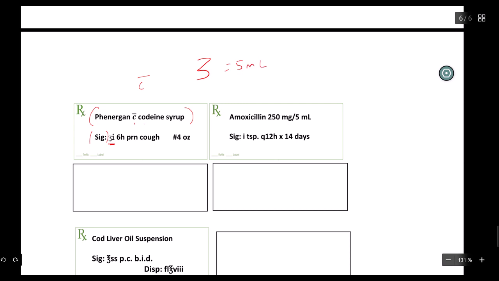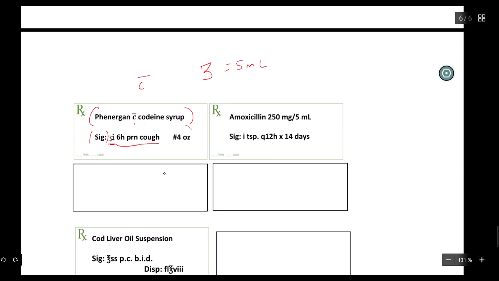And I might want to try to do this a little bit better if I can. But that's what it's going to look like. So when it's written like that, it is 5 mLs. So this SIG is saying give 5 mLs, 1 teaspoon, which is 5 mLs, every 6 hours as needed for cough.